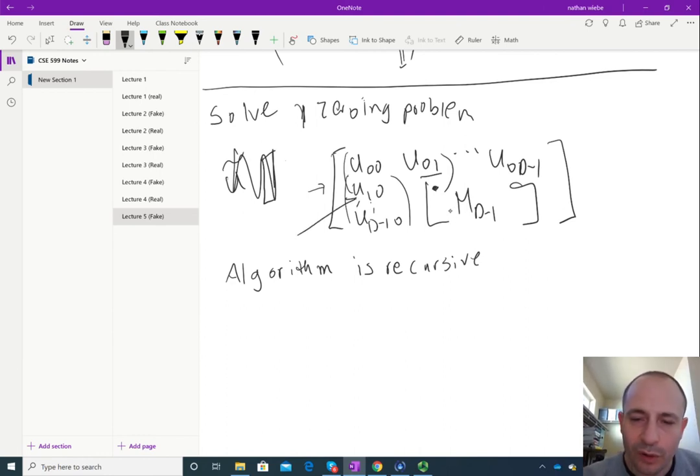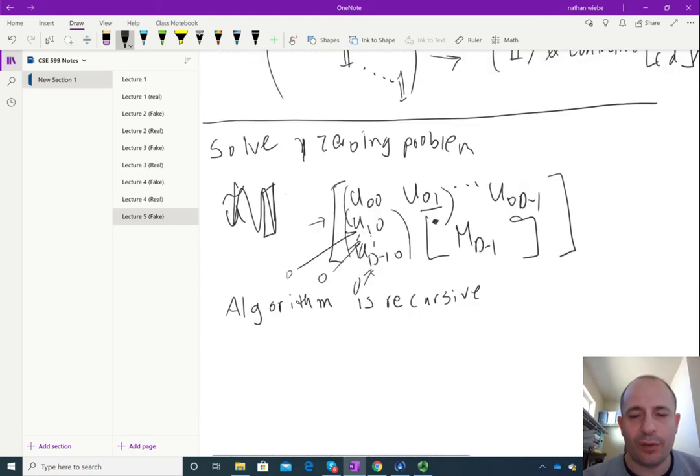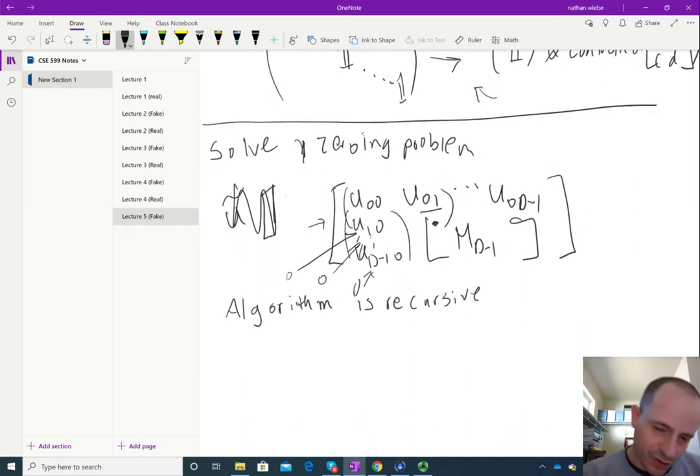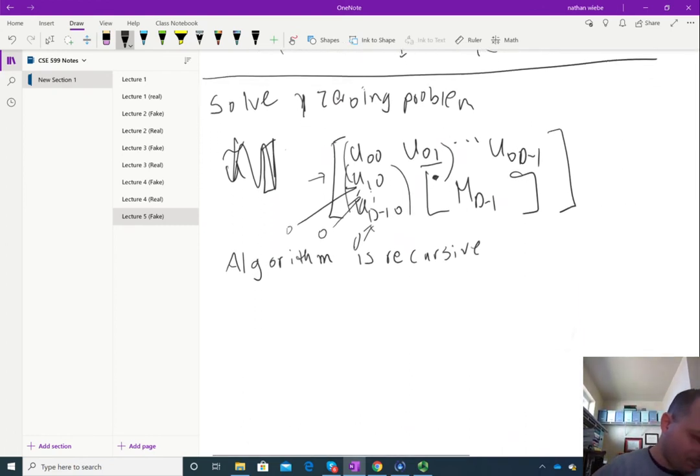Then we'll go on to the next one, make it 0, and modify the rest of these. So on and so forth, and make all of these 0, one at a time. Because each of them is equivalent to performing a rotation on a two-dimensional subspace, this process involves us just applying this controlled two-level unitary over and over again.